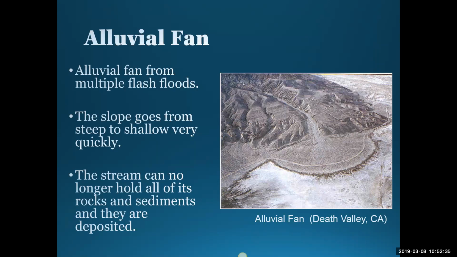And so these alluvial fans, they build up over time by repeated flash flooding. Alluvial fans are also dangerous places to build homes because they're right where the stuff from a flash flood gets slammed into the ground.